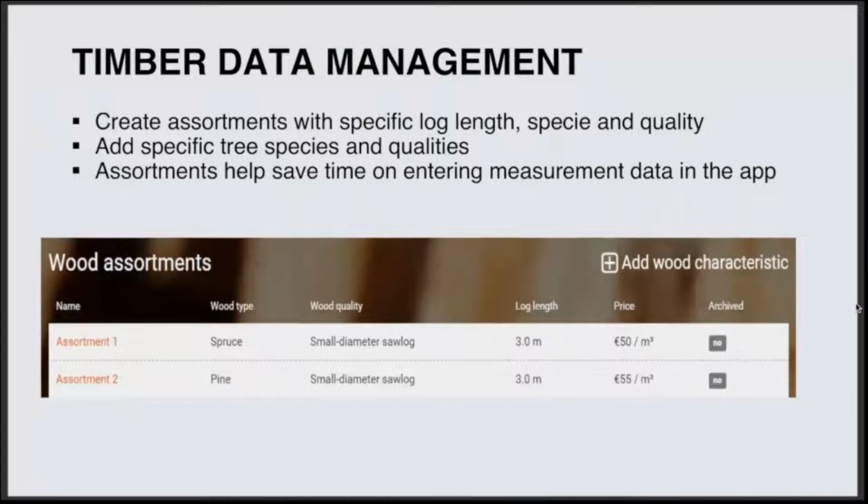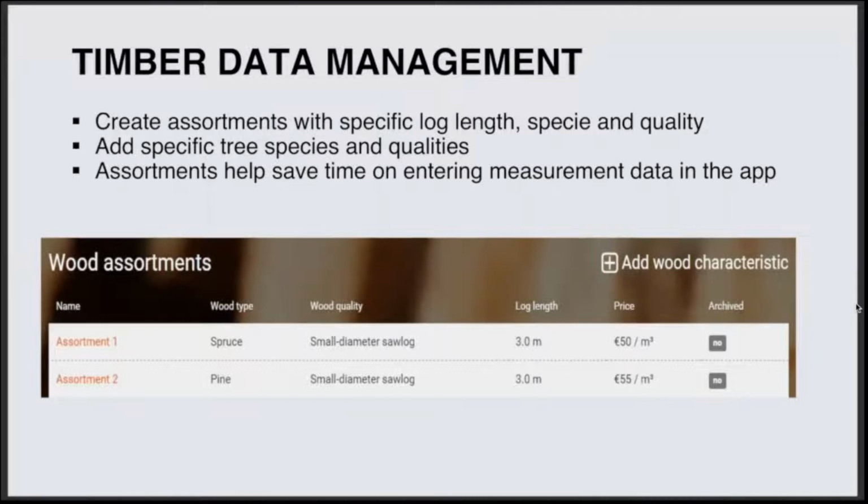So Timber data management means that you are able to create assortments with specific log lengths, species, and qualities. As shown below, there are two assortments with different wood types. Both have the same wood quality, but you can choose either it's a saw log, pulpwood, or fuel wood, enter different log lengths and the price per cubic meter.